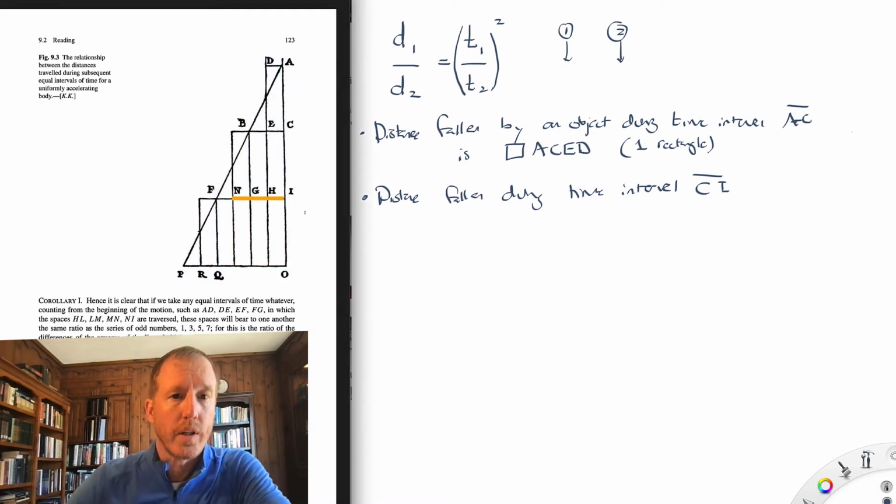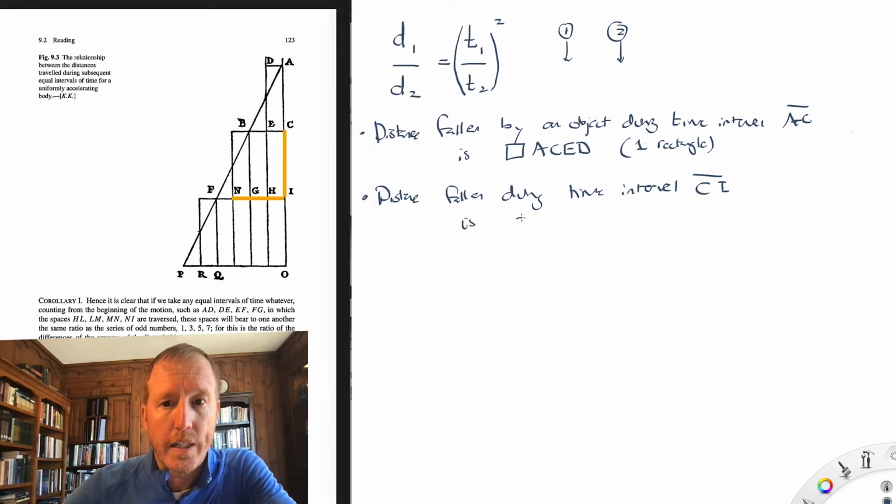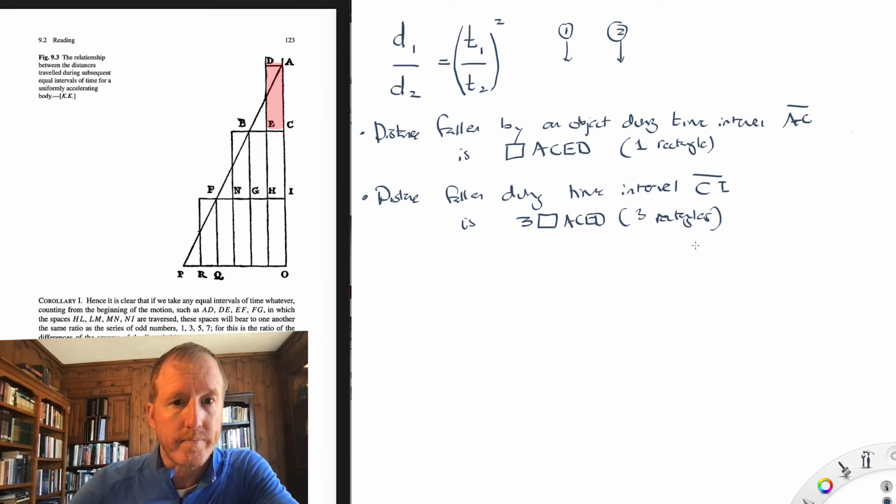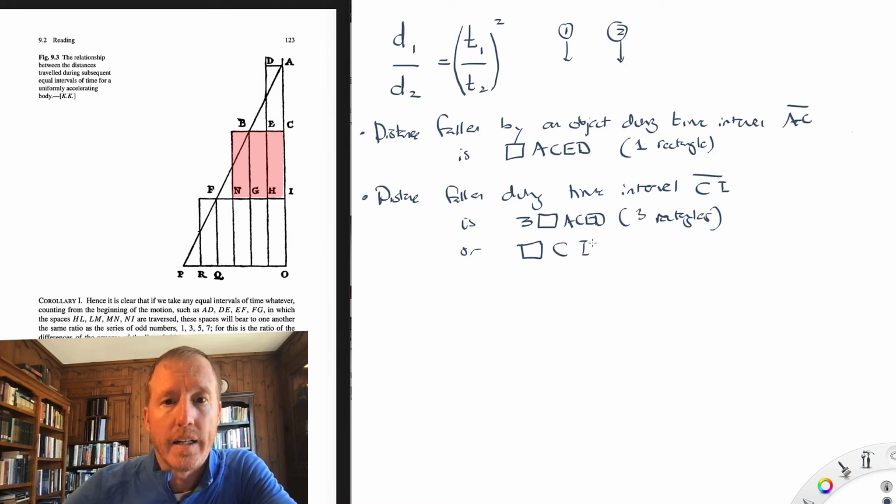And so we can compute the distance fallen as the distance moved by an object traveling with that mean speed IN for the time interval CI. So that is 3 times the rectangle ACED, or 3 rectangles. That is the distance traveled during the second time interval. I guess it would also be thought about as rectangle CINB, which is just 3 of these rectangles.